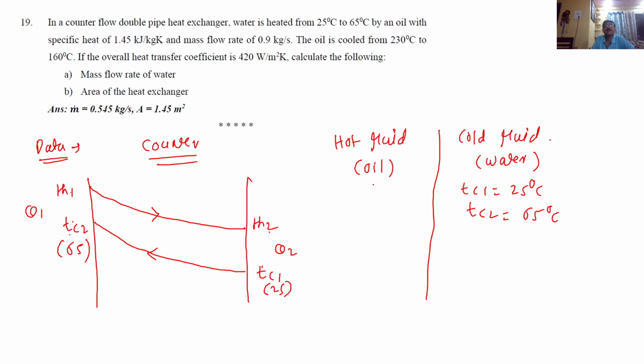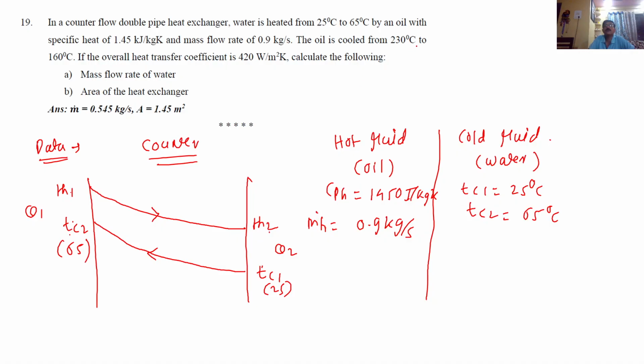with specific heat Cph given as 1450 joule per kg Kelvin. Actually it is 1.45 kilojoule, so converting it to joule, 1450 joule per kg Kelvin. And the mass flow rate of oil, the hot fluid, m dot h is 0.9 kg per second.